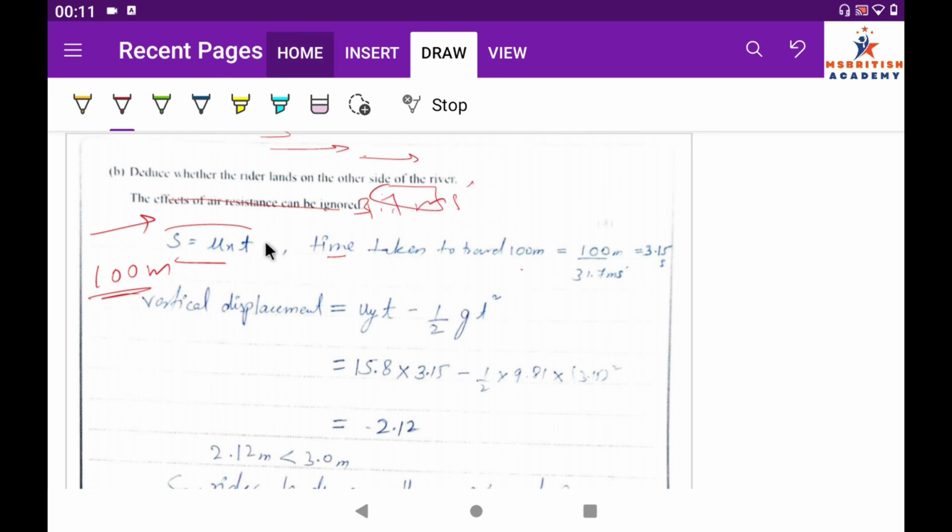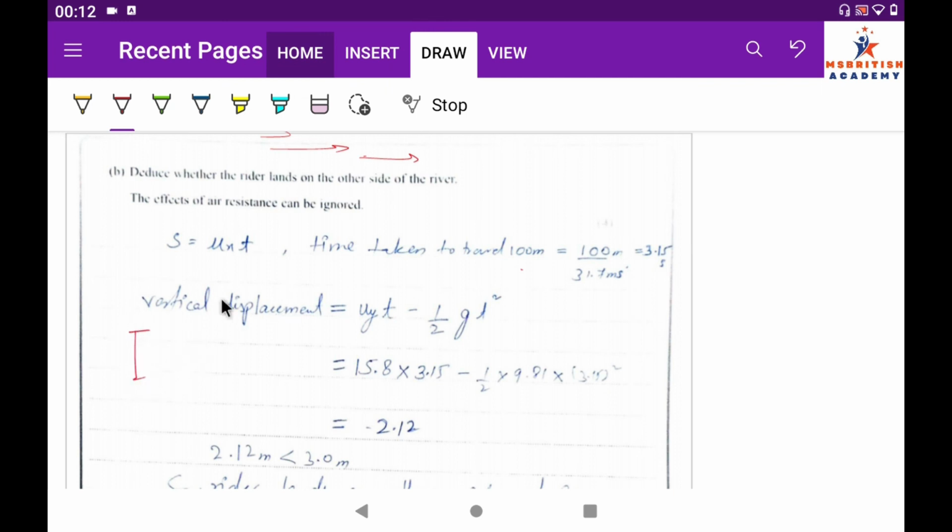After dividing 100 by 31.7, we get 3.15 seconds as the time to travel. This much time is required to travel this. Now we will check the vertical distance and time.